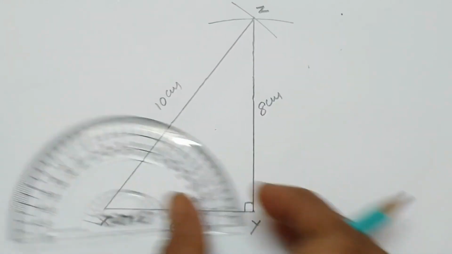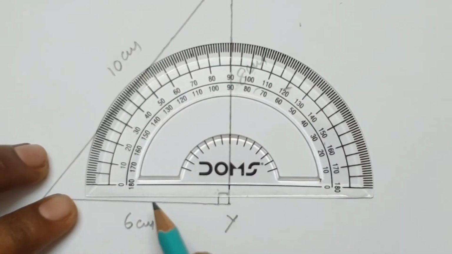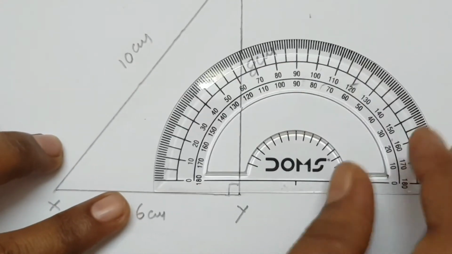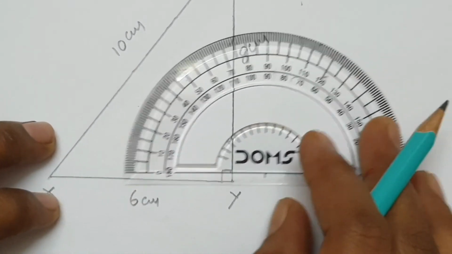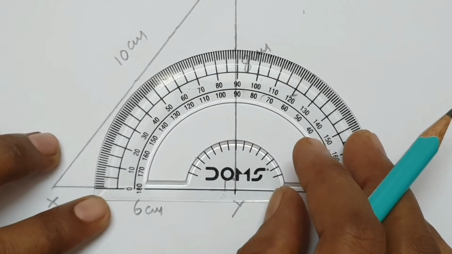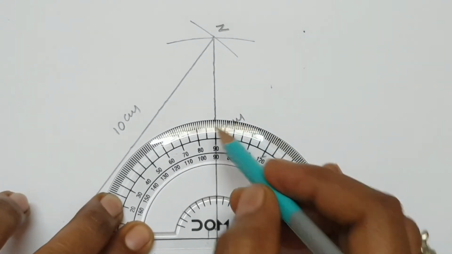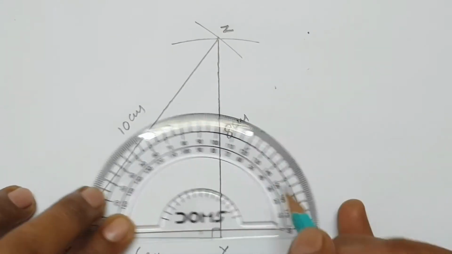So with the protractor, check this measure. Here is a straight line, keep the starting point exactly at the intersection point. See here, exactly 90 degrees, a right angle.